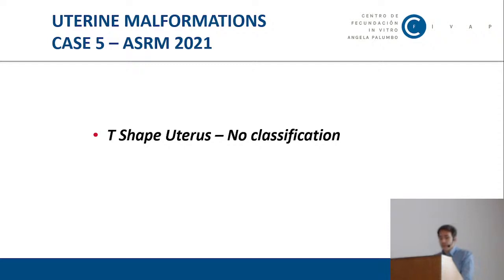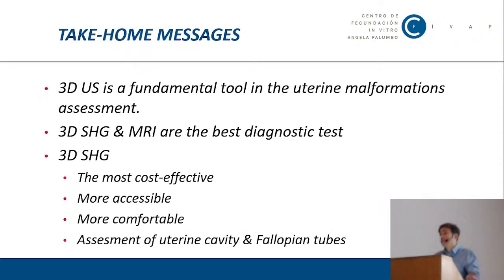I think it should have one, because as we talked before, maybe there are no implications of this type of uterus in the prognosis, maybe we don't have to do surgery, but we have to classify, because these types of uterus are different, and maybe it's important, maybe not.